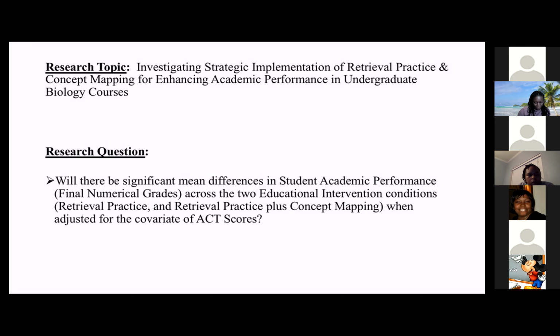I can extract the influence of external variables such as ACT scores, which I'm using as a determiner of pre-existing academic achievement.